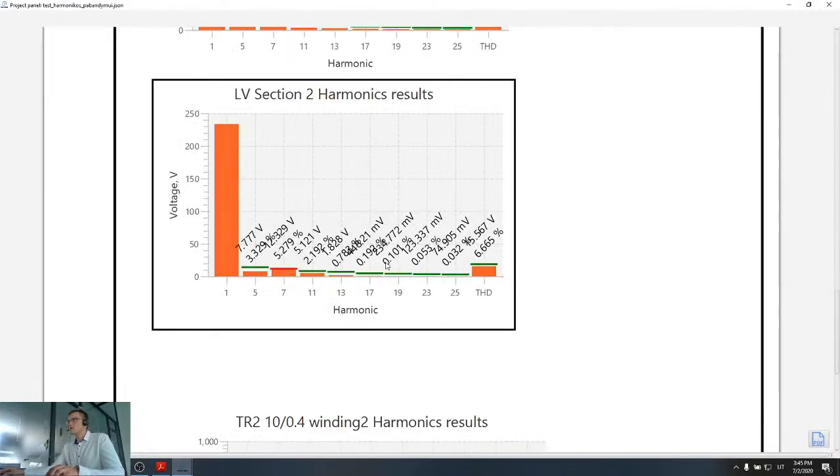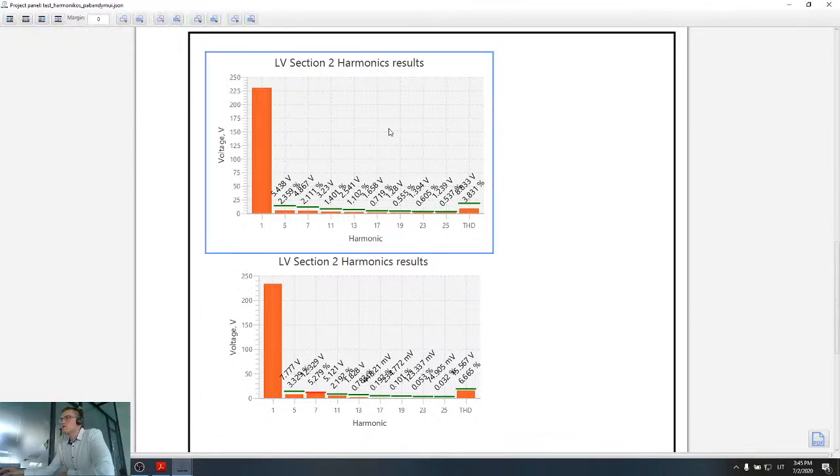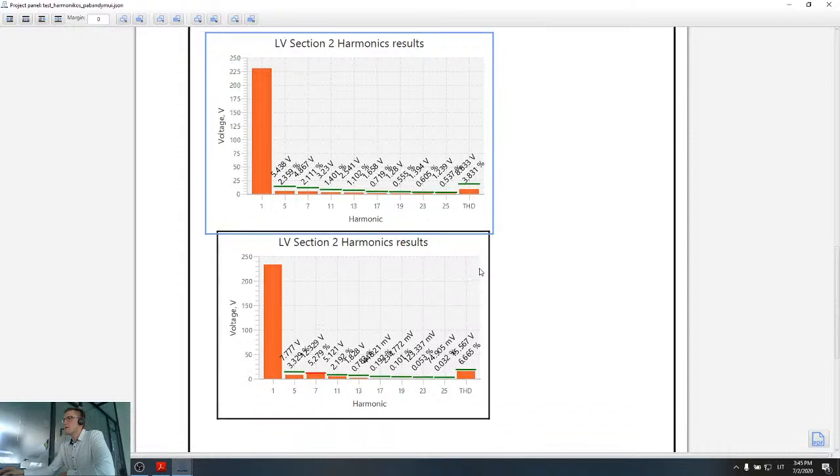Basically, let me zoom in a little bit. Without the capacitor, which is represented by this upper chart, the total harmonic distortion in case of voltage harmonics was 3.8%. When I connected the capacitors, my total harmonic distortion increased to 6.6%.